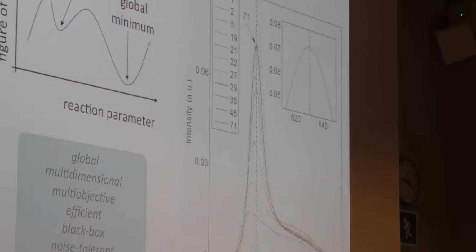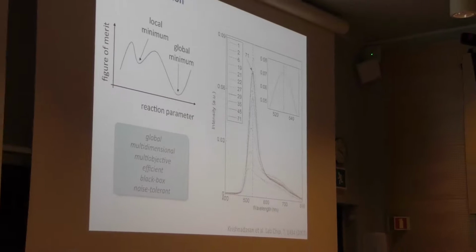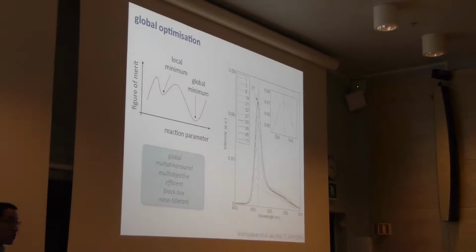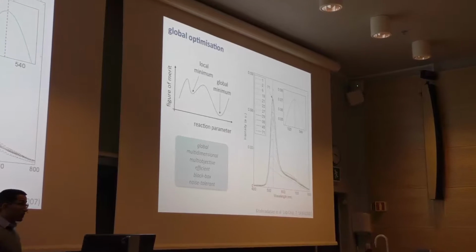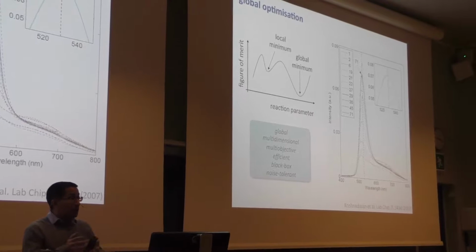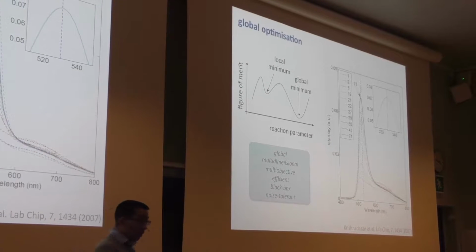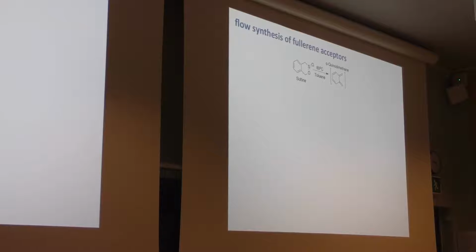So the algorithm has achieved what we wanted it to do. So there's an example of applying chemical optimization to optimizing materials properties. Here we're trying to balance intensity and a target wavelength. We can also apply the same approach to optimizing the yield of a chemical reaction.